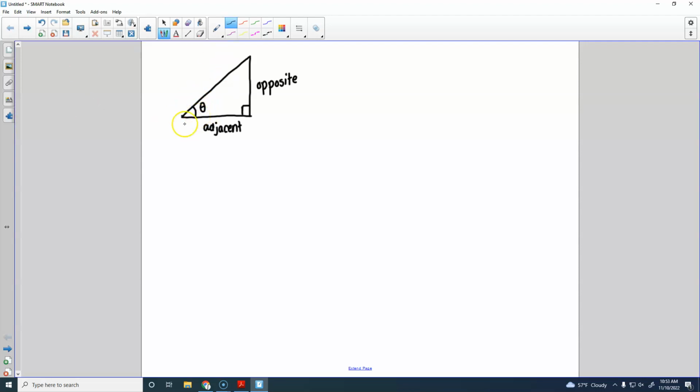So you need to know which side is your opposite, your adjacent, and your hypotenuse. Hypotenuse is always across from the right angle. It's always your longest side, and it's always across from the right angle. Opposite and adjacent depend on which angle you're given.